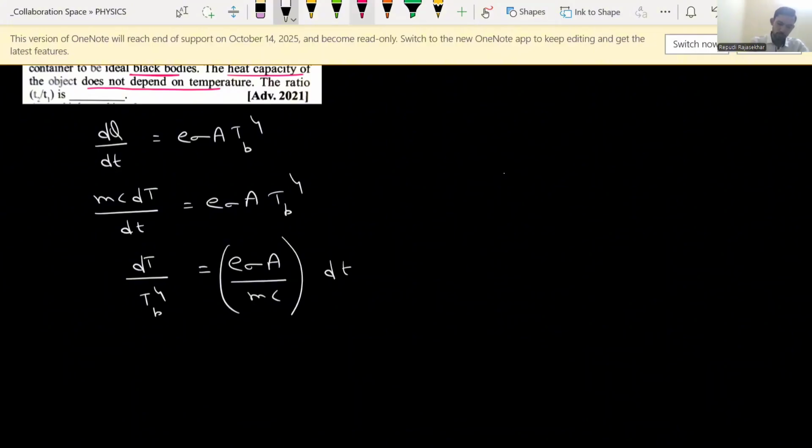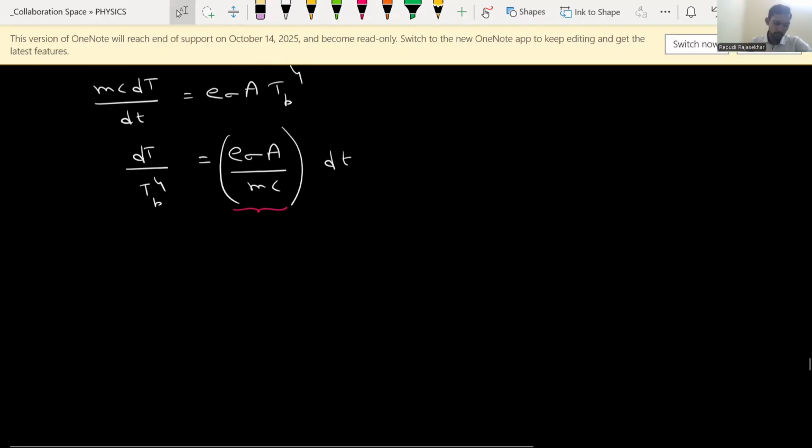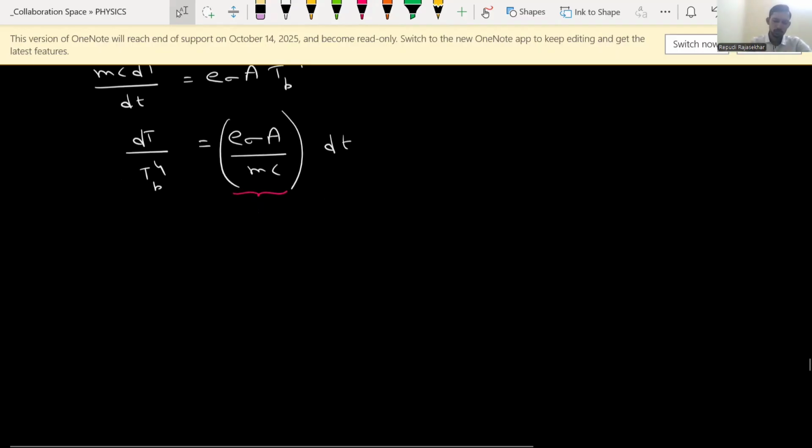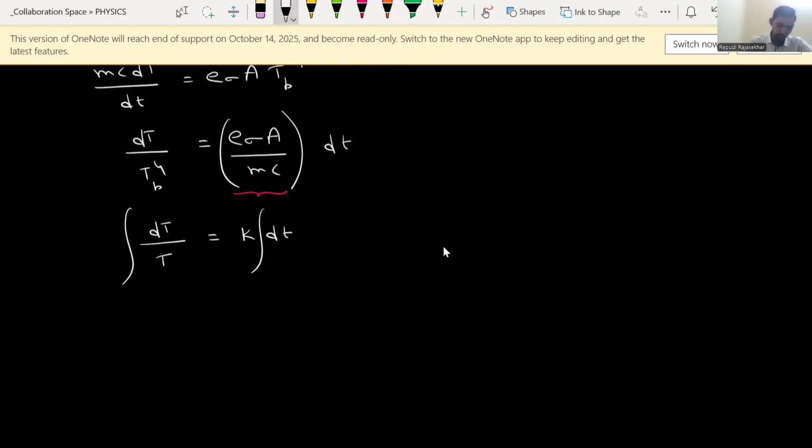If you observe carefully, this whole term is a constant: small e constant, sigma constant, area of the spherical object constant, mass constant, c also constant. So I write dT divided by T to the power 4 equals this total term as k dt. Now apply integration on both sides.